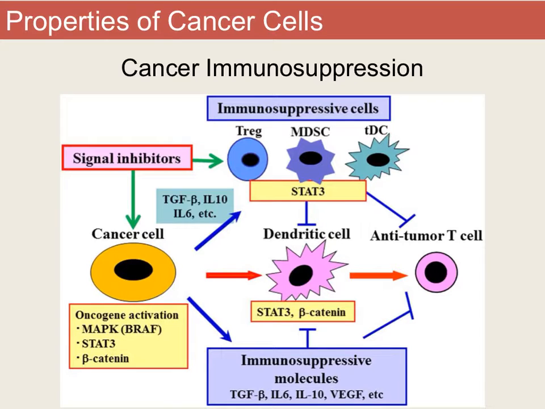So the immune system doesn't come along and attack it as being foreign. So it protects itself from being destroyed by our own immune system. And so these are cancer cells. A dendritic cell is a type of immune cell, T cell. There's all these immunosuppressive molecules that are released. And then there's these signal inhibitors for various kinds of things. Okay, so they inhibit the immune system.